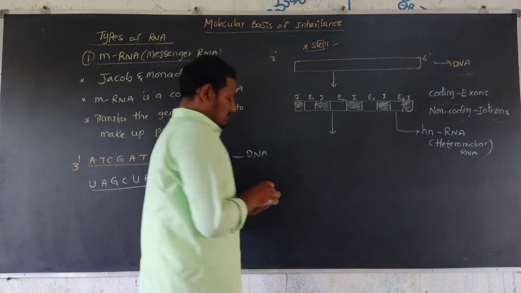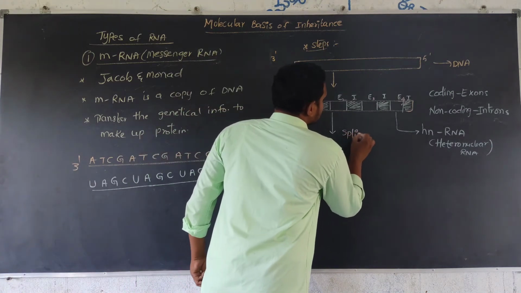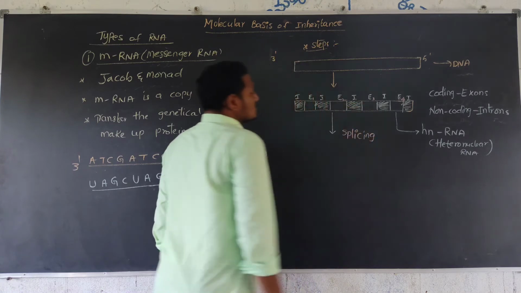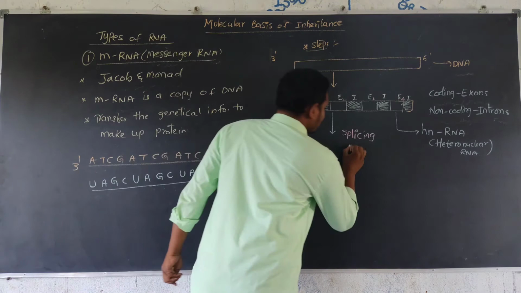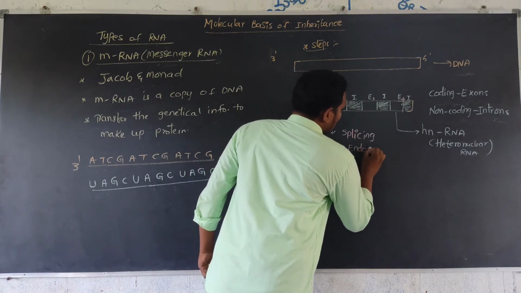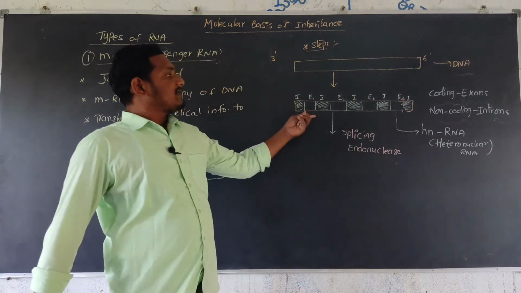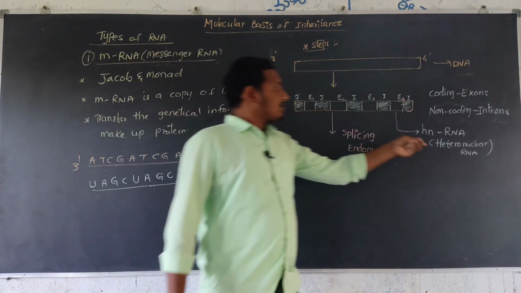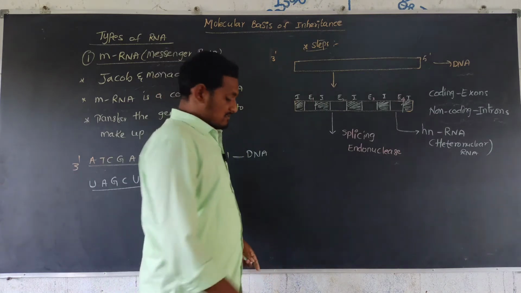So by the process of splicing, we use one enzyme, the endonuclease enzyme. Using this enzyme, this copy of DNA, or hnRNA, breaks down into small pieces.